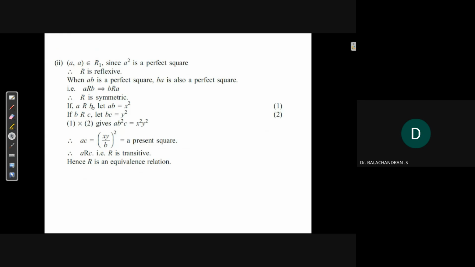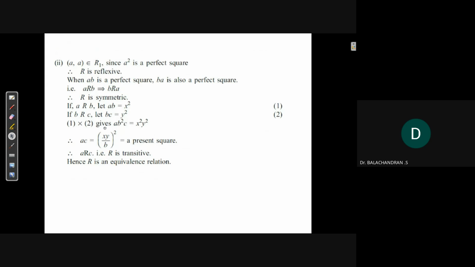Transitive. a is related to b, so ab is a perfect square, so I'll take ab equal to some x square. b is related to c, and hence bc equals y square, since bc is a perfect square. Now multiply equations 1 and 2. So a b square c is equal to x square y square.